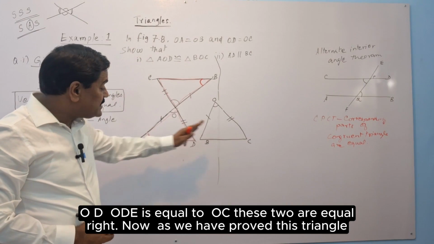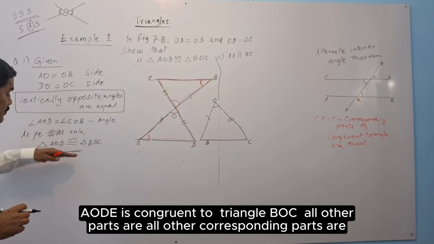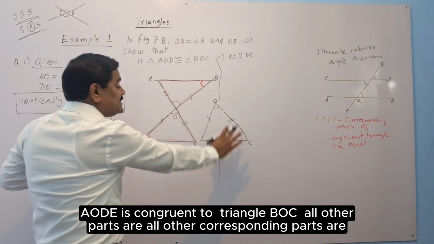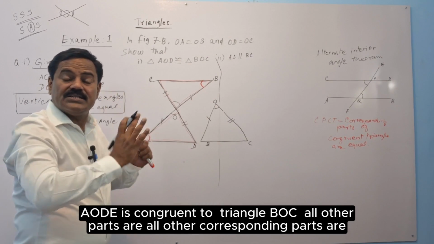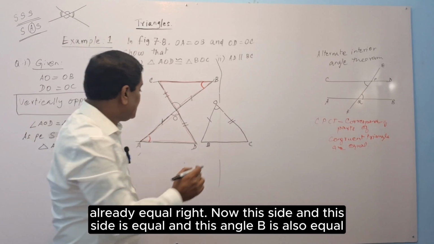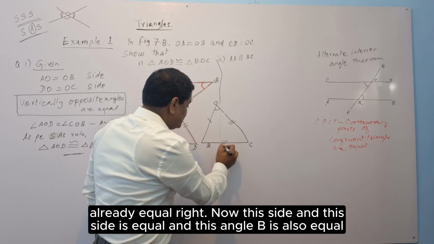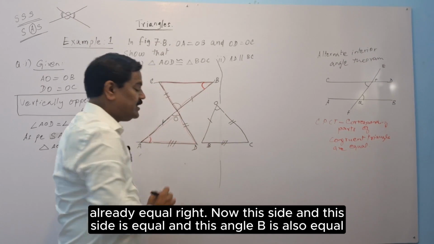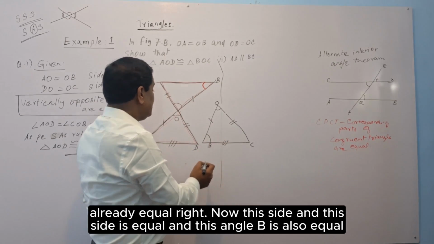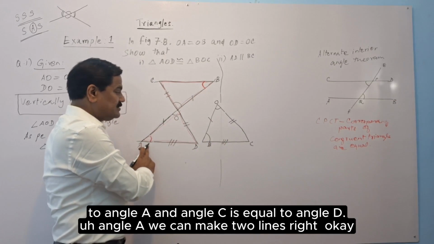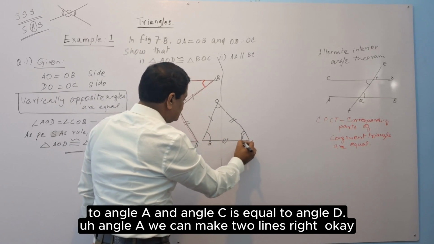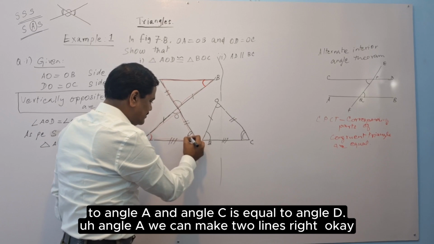Now, as we have proved this triangle AOD is congruent to triangle BOC, all other corresponding parts are already equal, right? Now, this side and this side is equal, and this angle B is also equal to angle A, and angle C is equal to angle D, right?